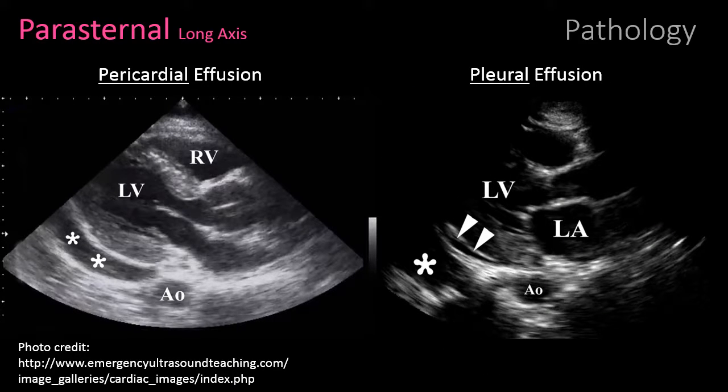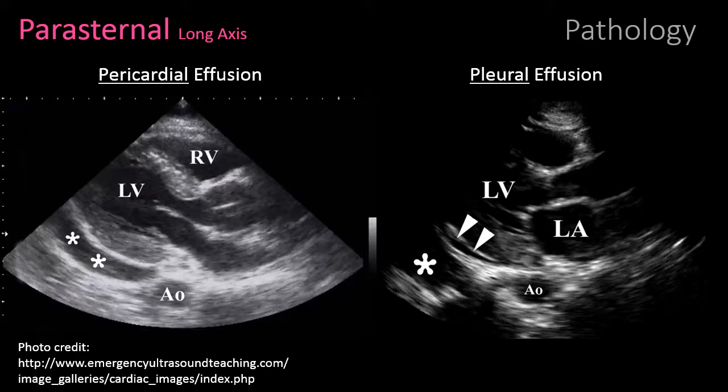Now, looking for things that shouldn't be there, we can identify the left ventricle and the right ventricle. We can identify the left atrium and the descending aorta down towards the bottom of the screen. The AO towards the bottom of the screen marks the descending aorta.